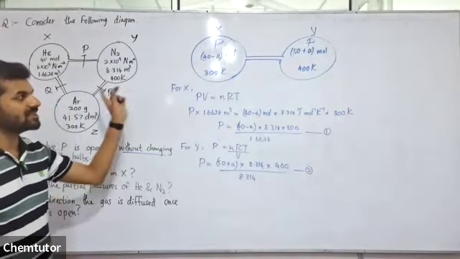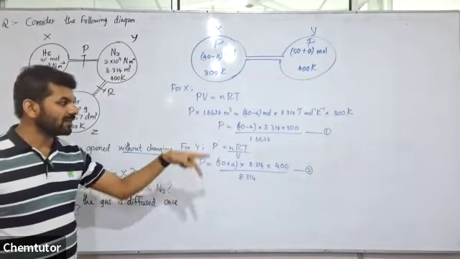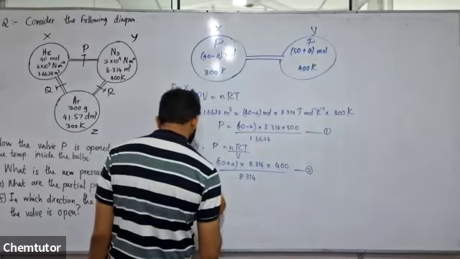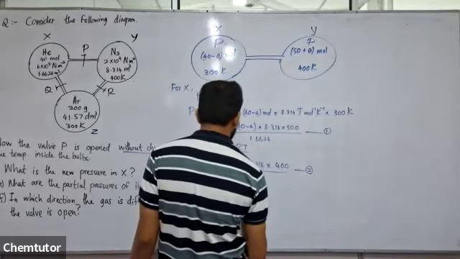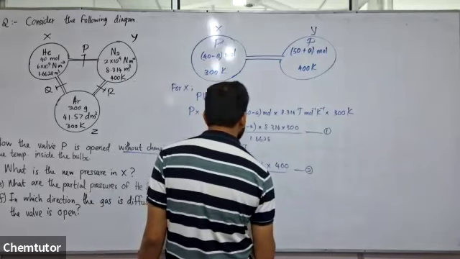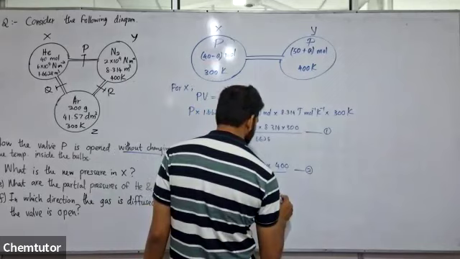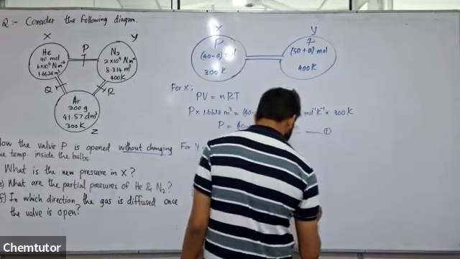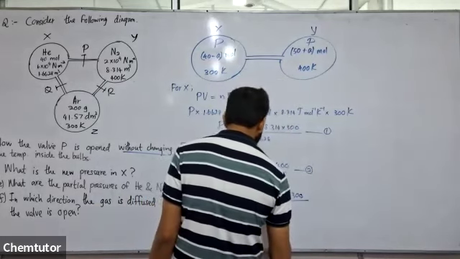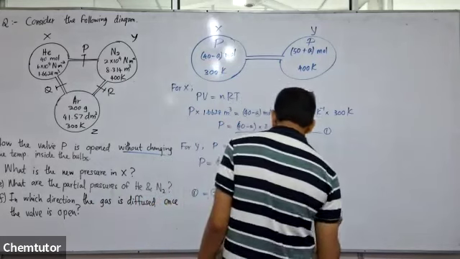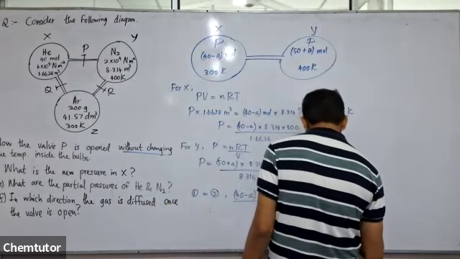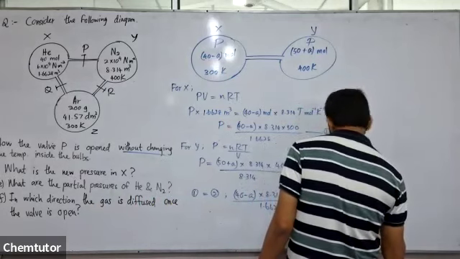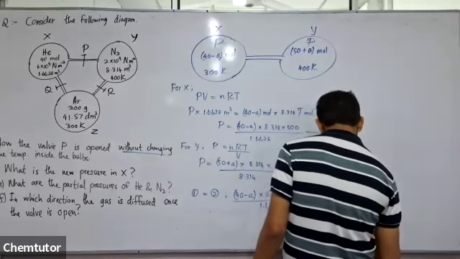Since both the pressures are equal, we can equalize these two, 1 equals 2. So 40 minus A into 8.314 into 300 divided by 1.6628 equals 50 plus A into 8.314 into 400 divided by 8.31.